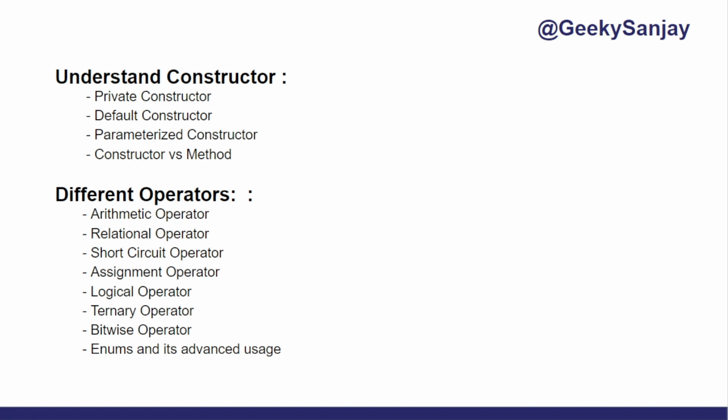Whenever you see that section, you will be very surprised because it is a very big topic and I covered it in very much detail. You will get many insights into enum. And the arithmetic operators, relational, short circuit operators, as you know, we use the question mark like that. All of this will be covered in detail, which you can see in the notes.